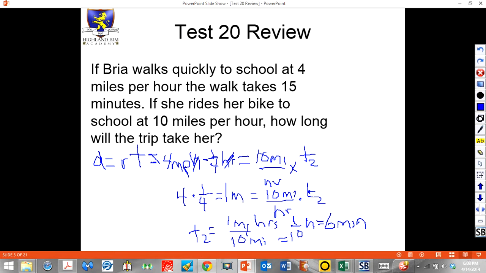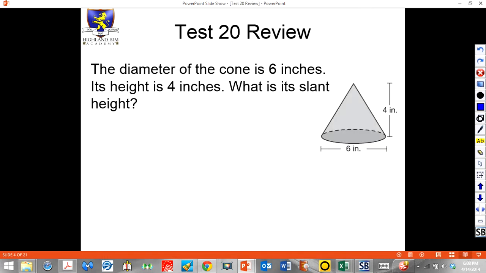T2 would have been 4 miles per hour times 15 minutes over 10 miles per hour, which is 60 over 10 minutes. So in either case, we come up with 6 minutes for the time for Bria to ride her bike to school.